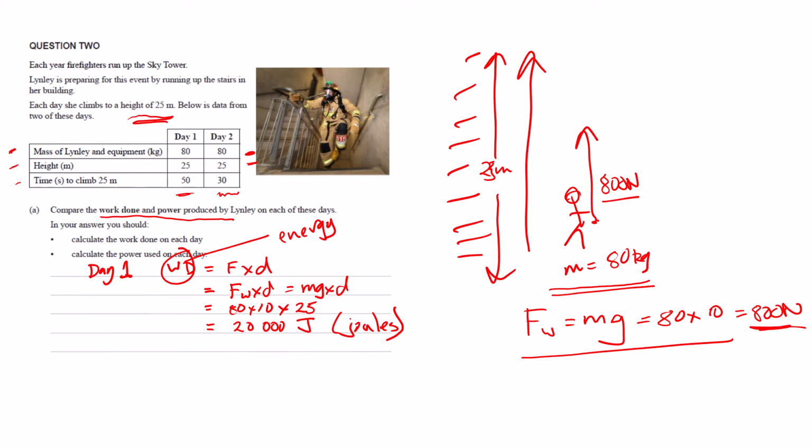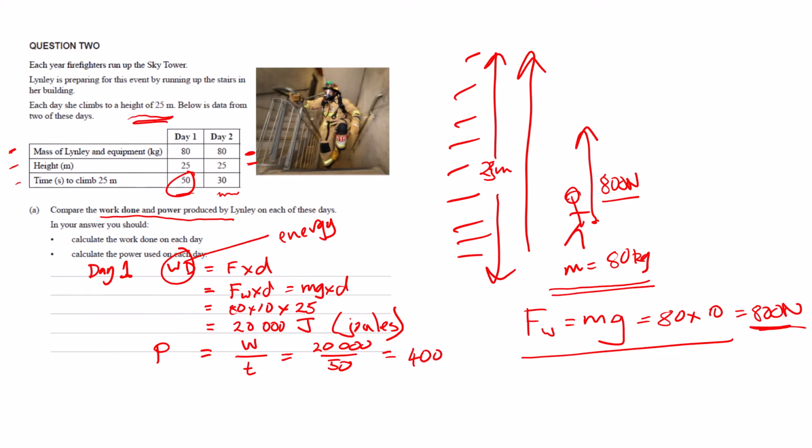That's how much energy she must provide to lift herself up then, and power is equal to the work divided by the time. So that's going to be 20,000, and in day 1 her time is 50 seconds, divided by 50, so her power initially is going to be 400.